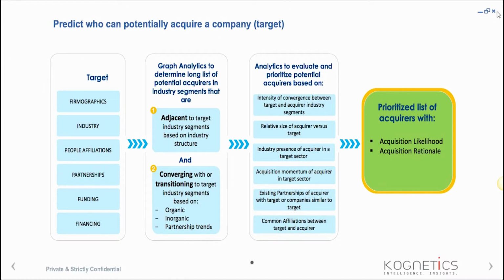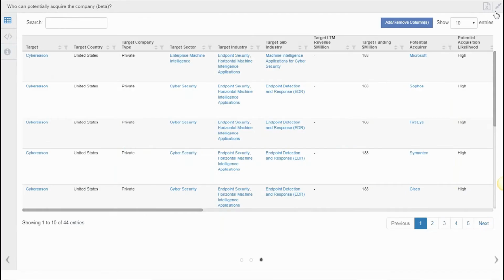This list is then prioritized based on several factors, such as the convergence intensity between the target and acquirer segments, acquirer's size relative to target, presence and acquisition momentum of the acquirer in the target sector, common affiliations between target and the acquirer, and existing partnerships of the acquirer with the target or with companies similar to the target.